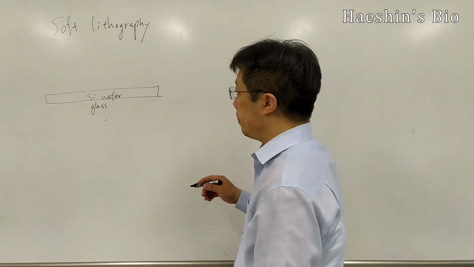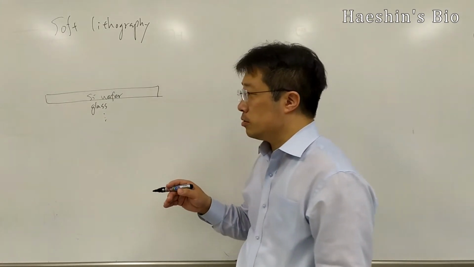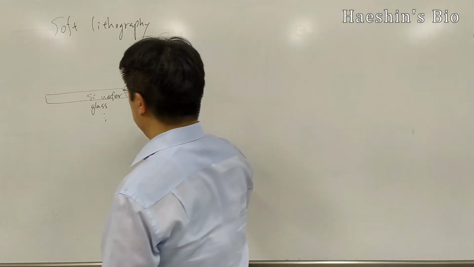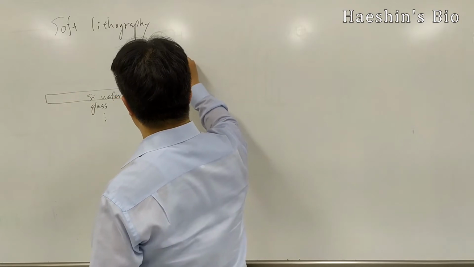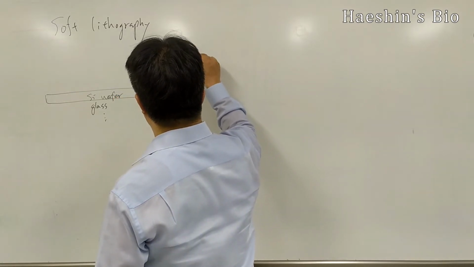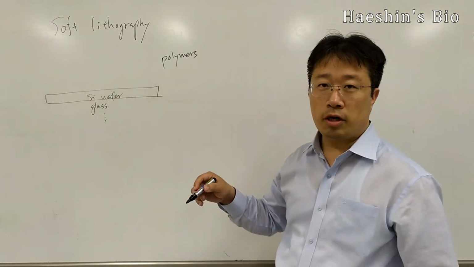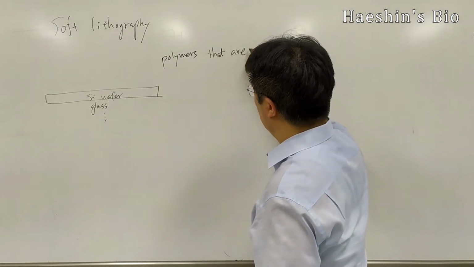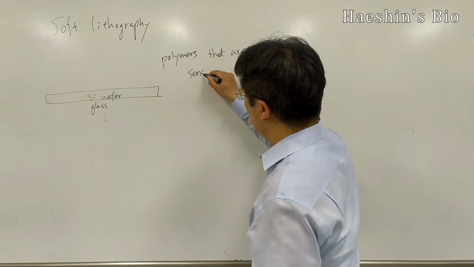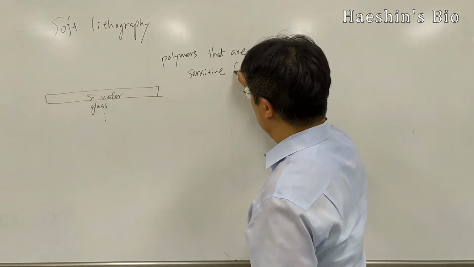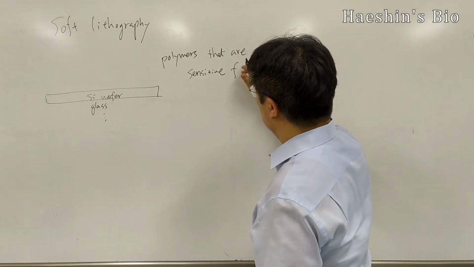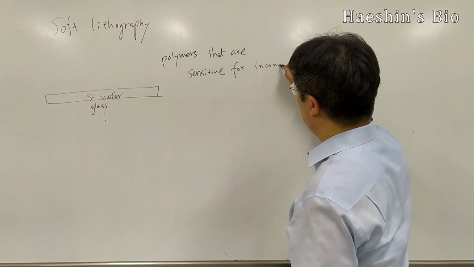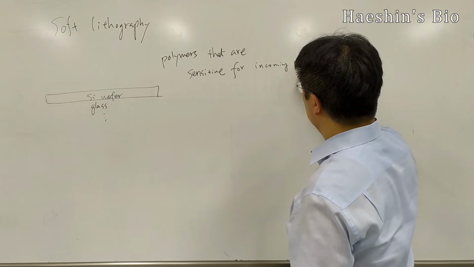And then, if you have some materials, generally a polymer, polymers that are very sensitive to an incoming photon.